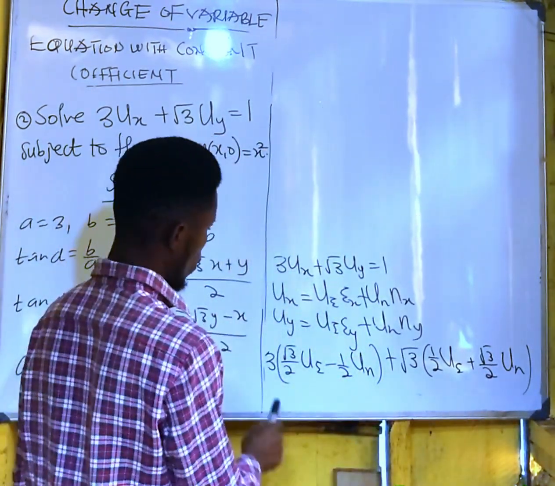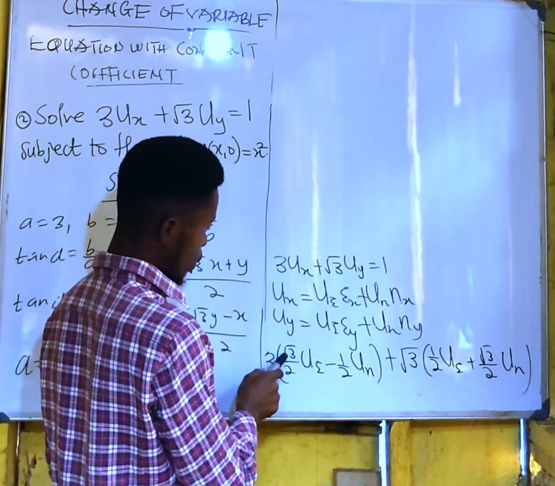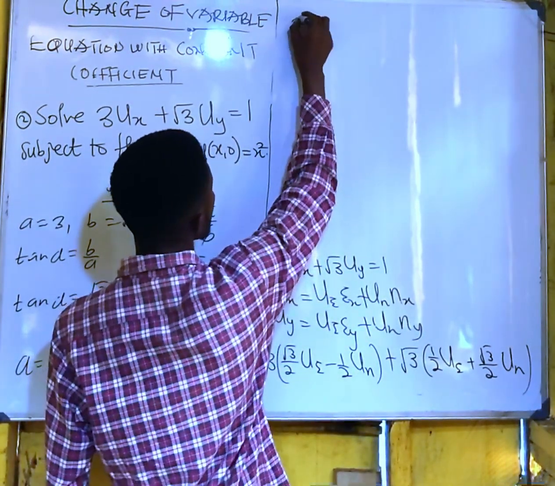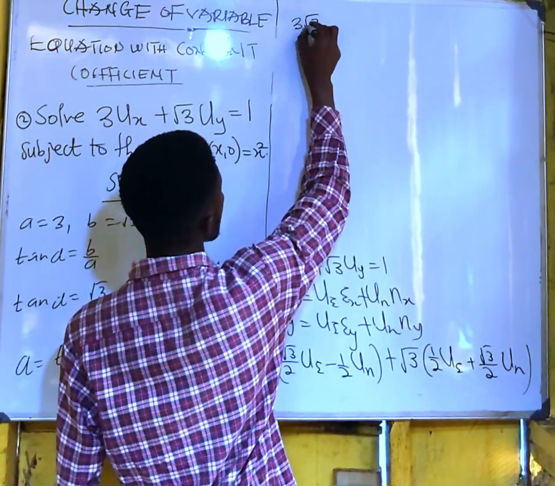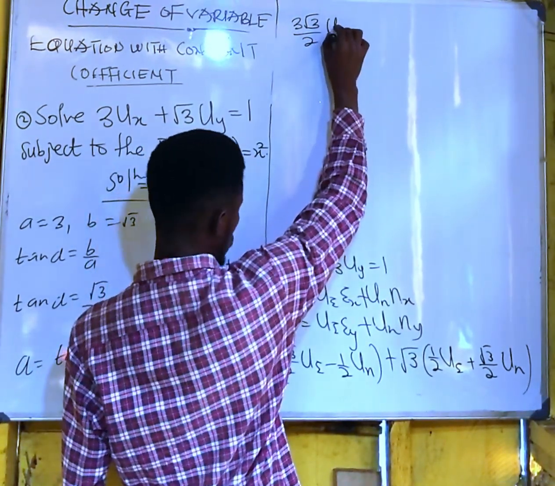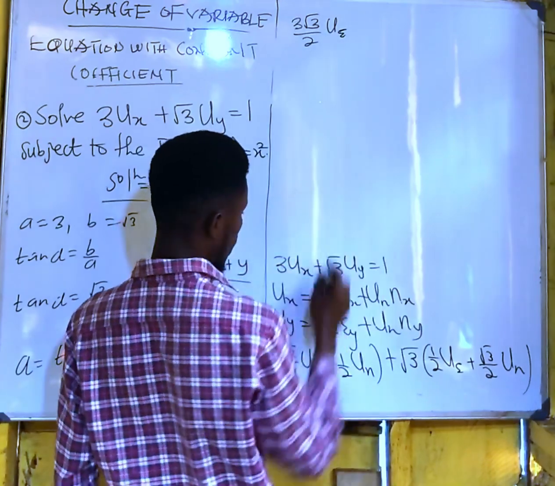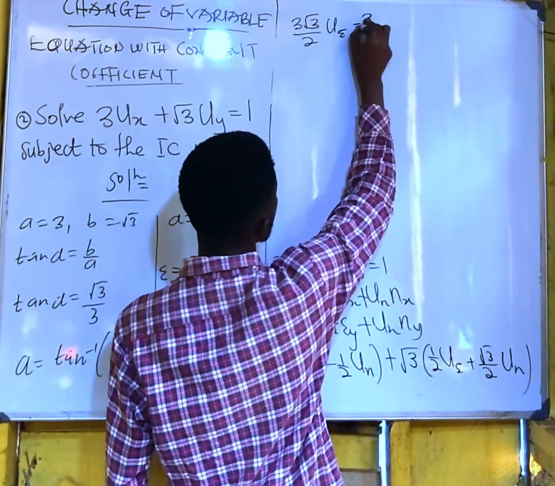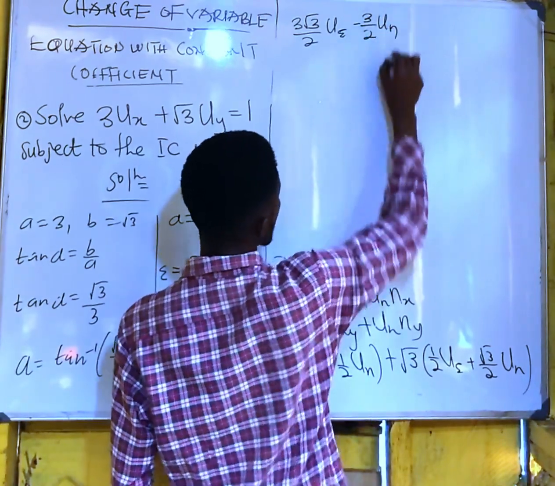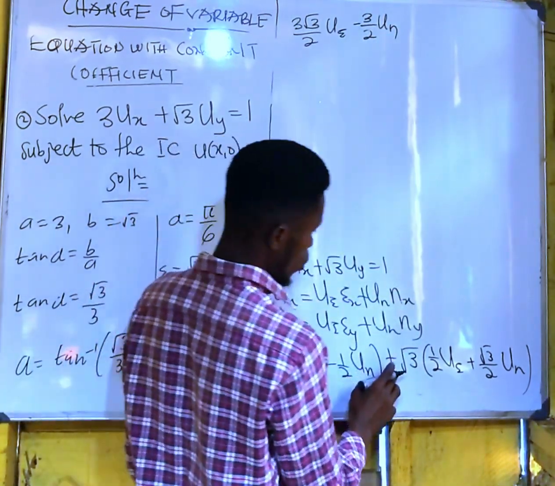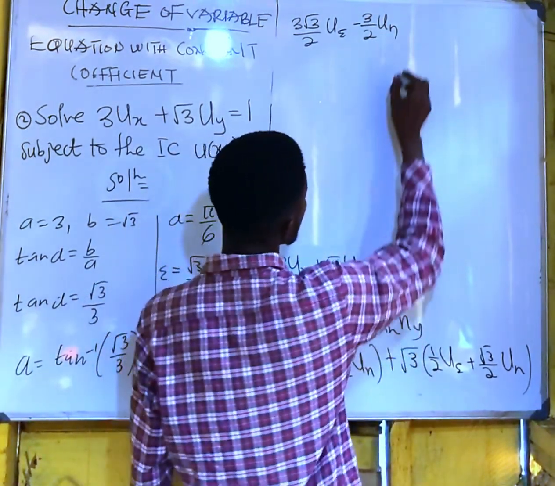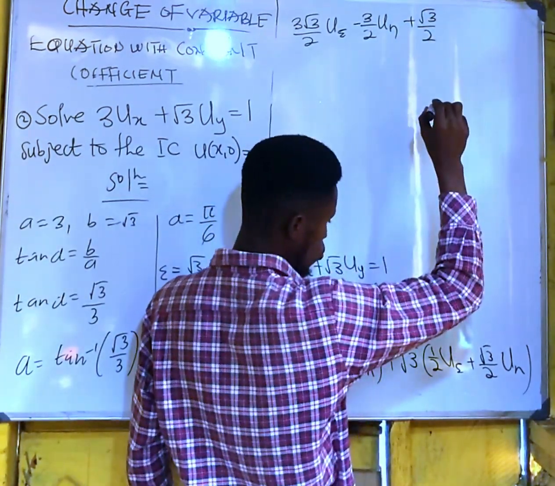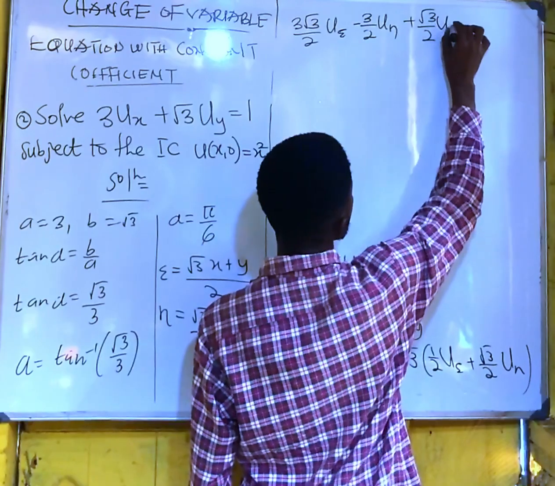So this is what we are going to get. So I'm going to expand this. 3 times this will give you 3 root 3 over 2 u xi. 3 times this will give you negative 3 over 2 u eta. Then root 3 times this will give you plus root 3 over 2 u xi.